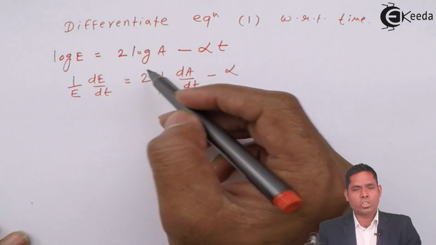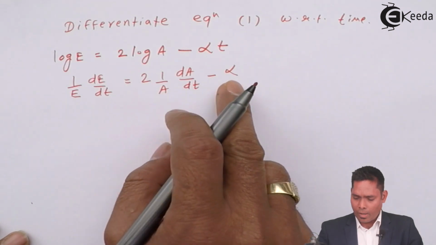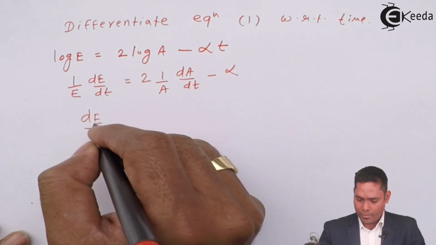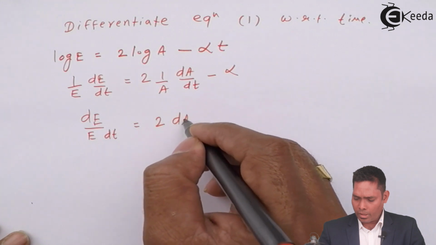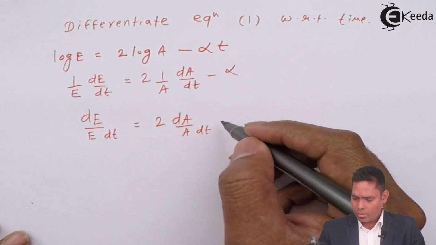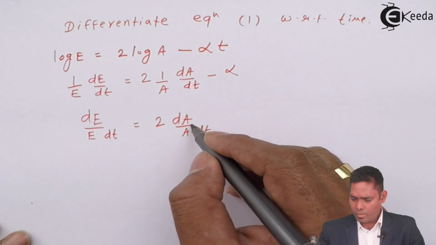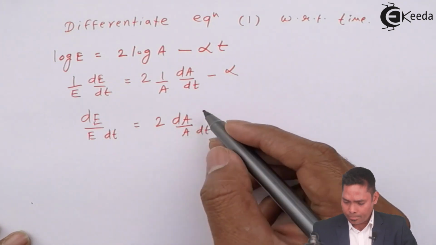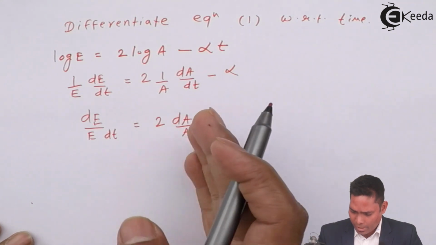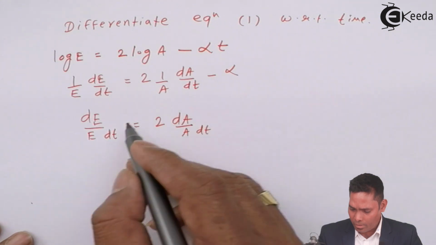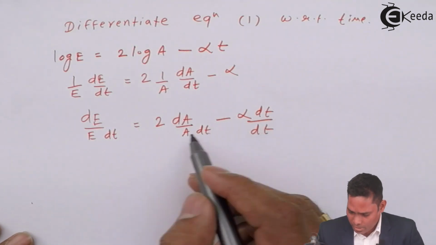Taking the terms to one side and multiplying throughout by dt, the dt cancels out.